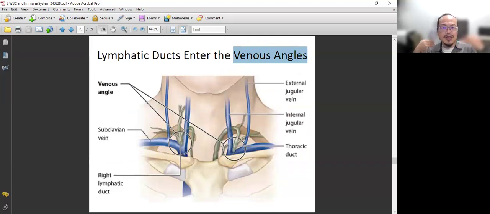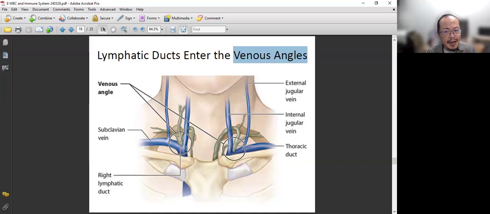It's very symmetric. This venous angle is a junction between the internal jugular vein and the subclavian vein. So here is the subclavian vein. This angle is where the lymphatic duct will come in.